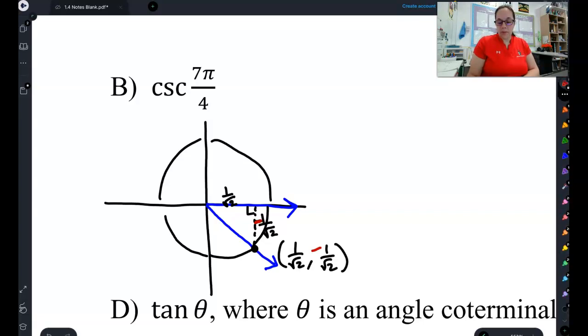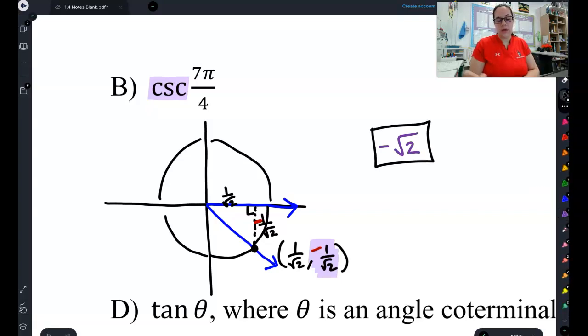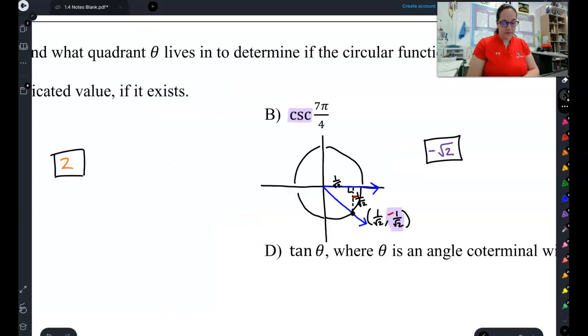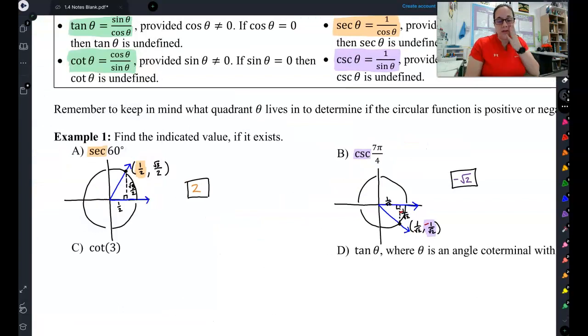Now in this problem, we're looking for the cosecant, which is the sine value flipped. So we take our y value and flip it, and that gives me negative root 2 over 1, which would just be negative root 2. And those are some quick and fast examples of how we do the unit circle. It all hinges on being able to visualize where that angle is.